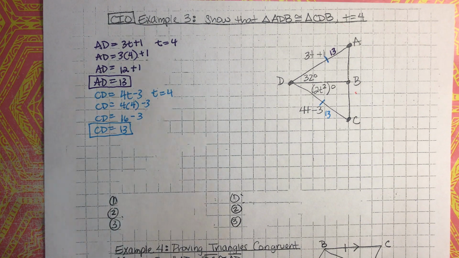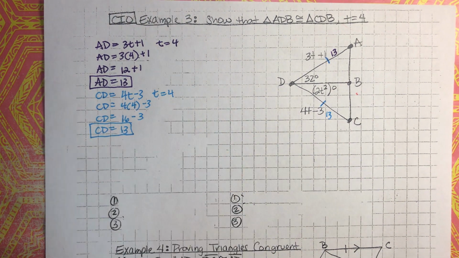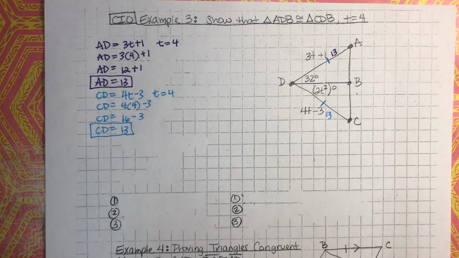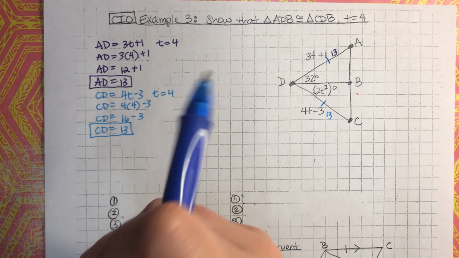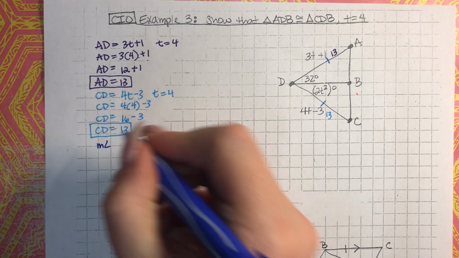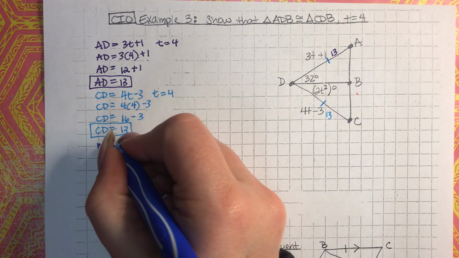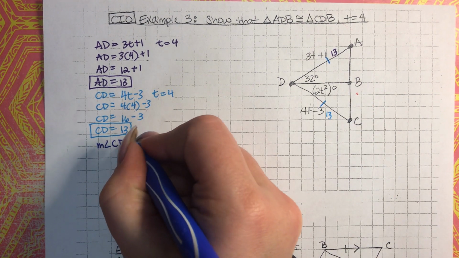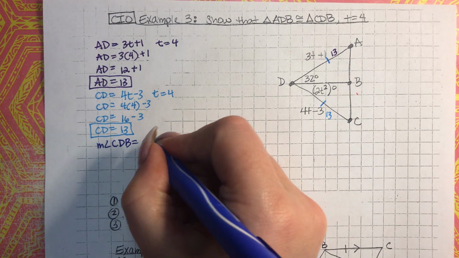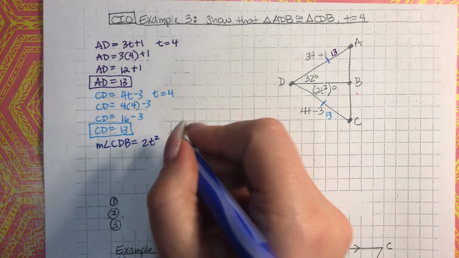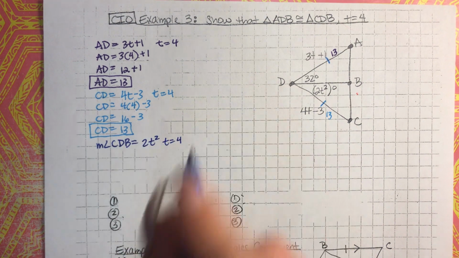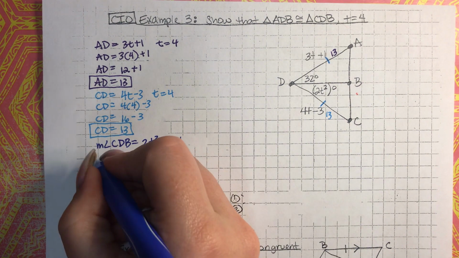And then we just need to determine this value right here for this angle. So that would be, oh, let me change the color. Measure of angle CDB equals 2t squared when t is equal to 4. Okay, we're going to substitute it in.